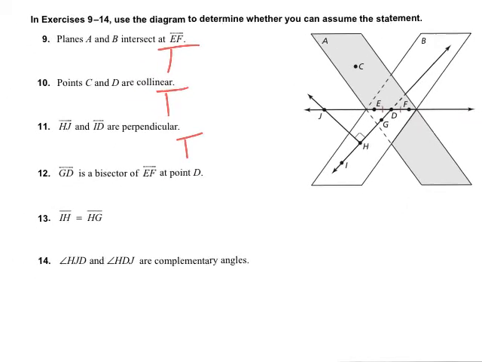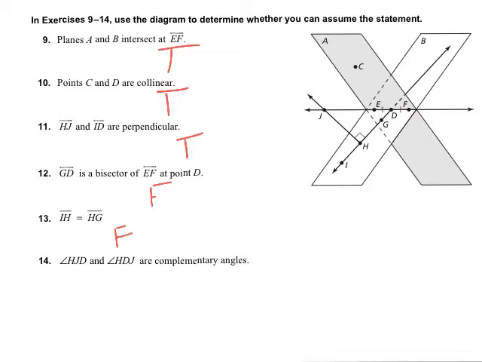So there's no way for us to really know that without the congruency markers, so we would have to say false. Does line IH equal line HG? Again, we don't know, right? There would have to be congruency markers on there for us to know if they were congruent or not.